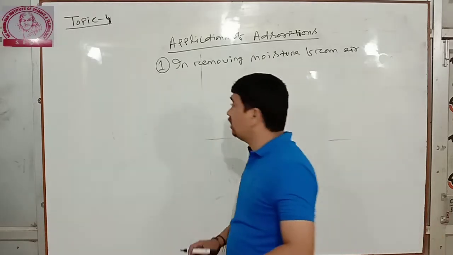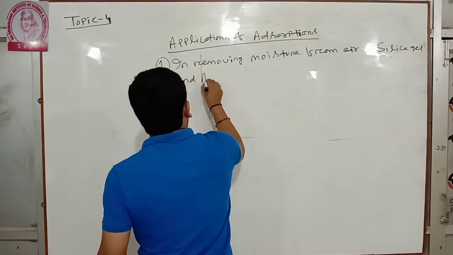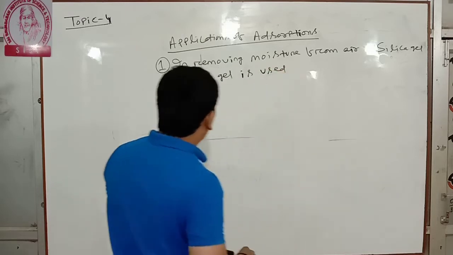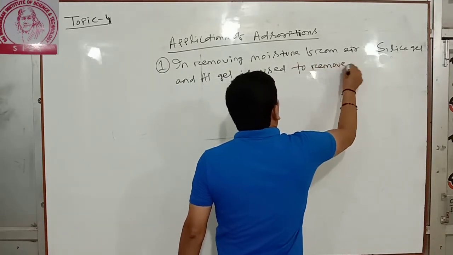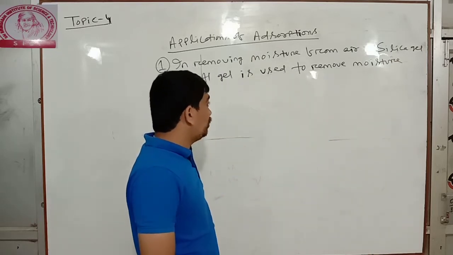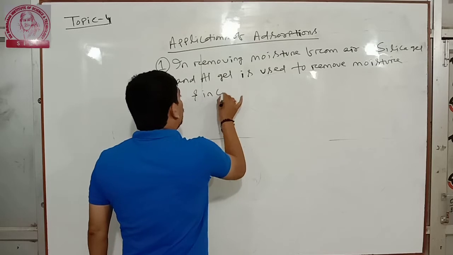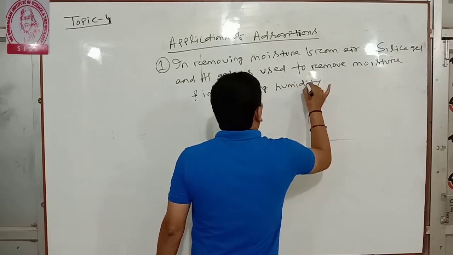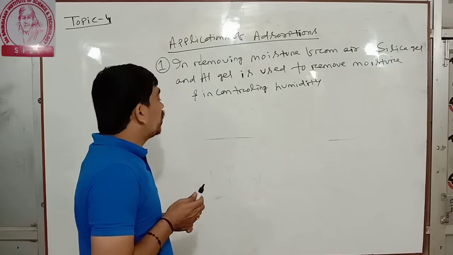Silica gel or aluminum gel is used to remove moisture and in controlling humidity.